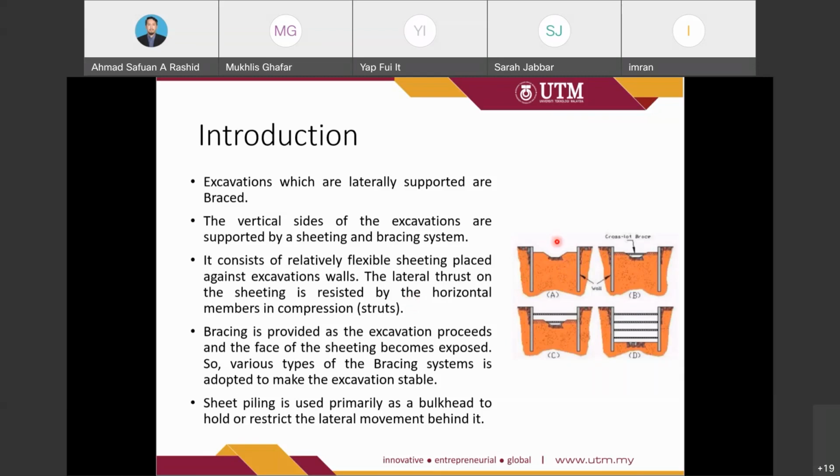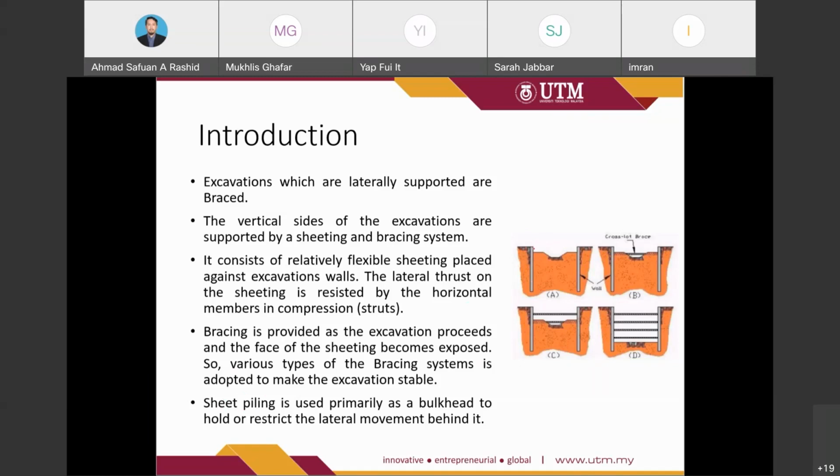So this is an example of the bracing system. First, they need to install the sheeting system, where the common one is sheet piling.